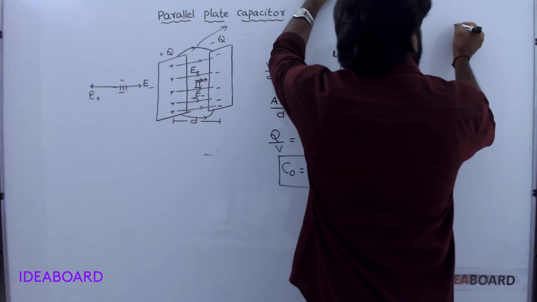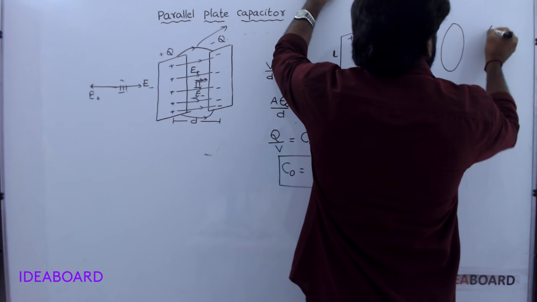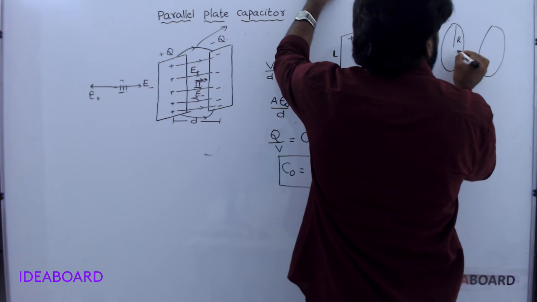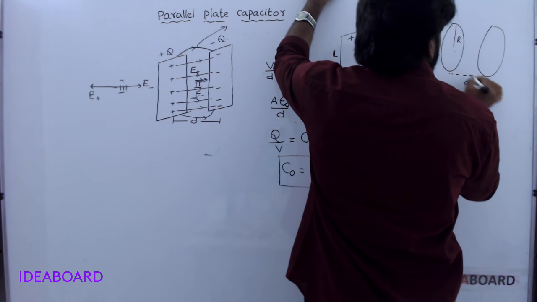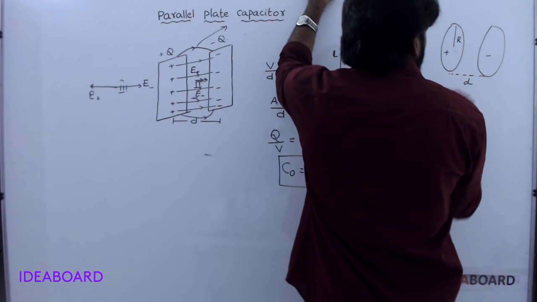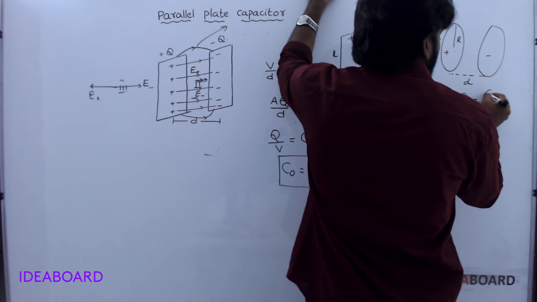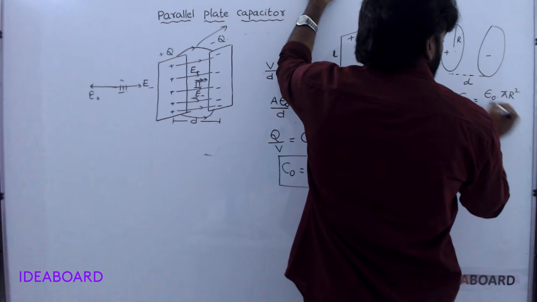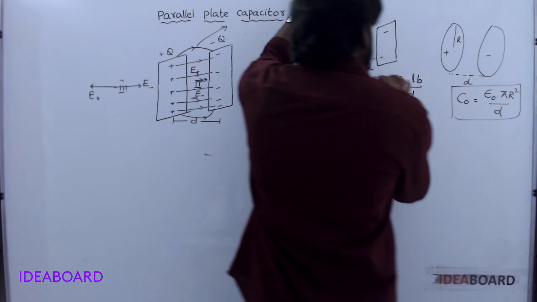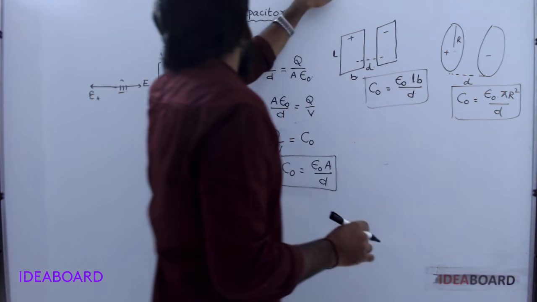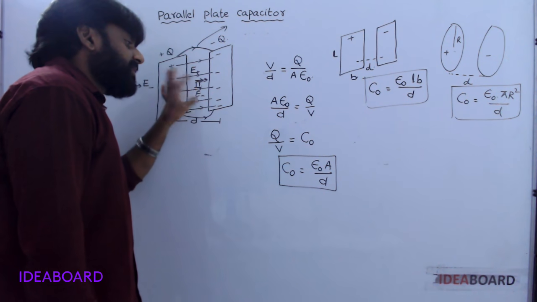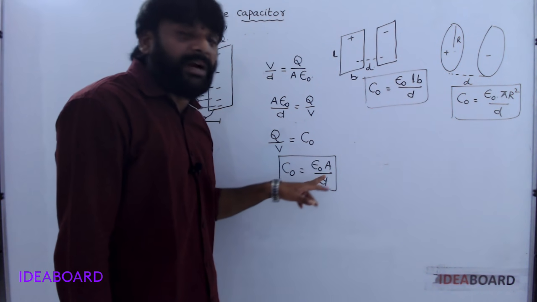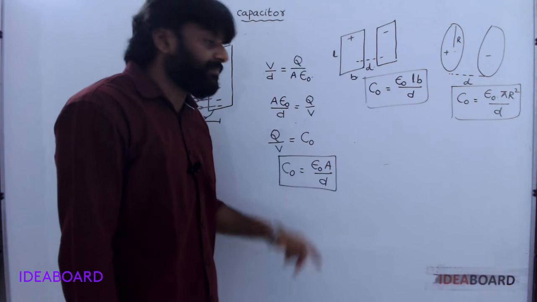If you take circular plates, radius is R, separation distance is D, positive plate, negative plate. Capacitance is epsilon naught, area pi R square, by D. This is the parallel plate capacitor. Its capacitance is equal to epsilon naught A by D. Understood? Okay.